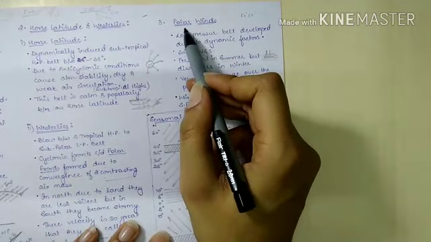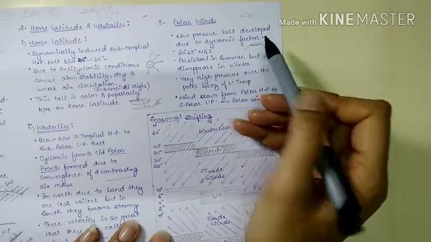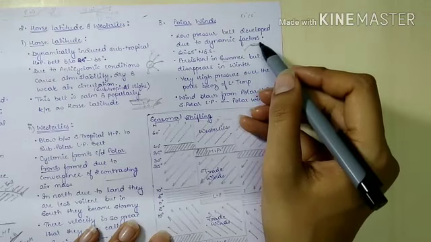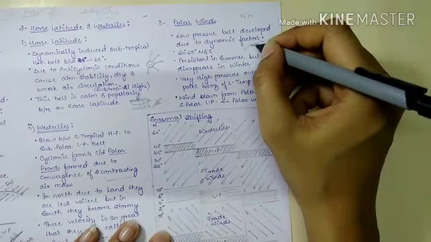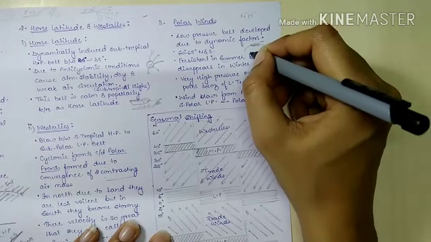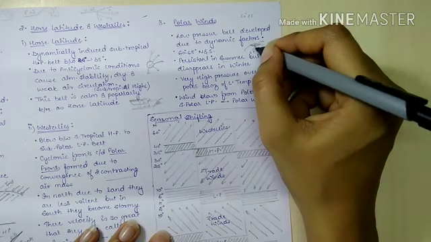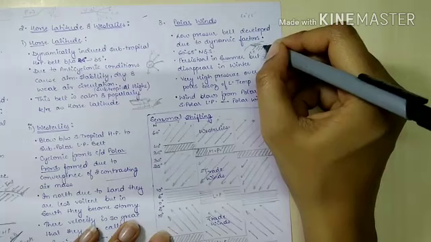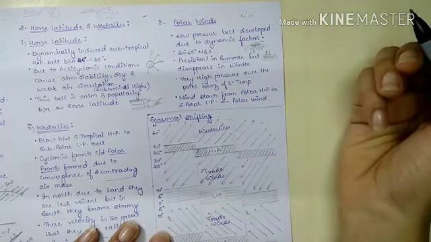And at the northward area, that is the polar region, we have very low temperature. Because of that, we have very high pressure here. And this wind blows from the subpolar low pressure to the polar high pressure belt. The winds blowing from subpolar low pressure to polar high pressure belt are known as polar winds.